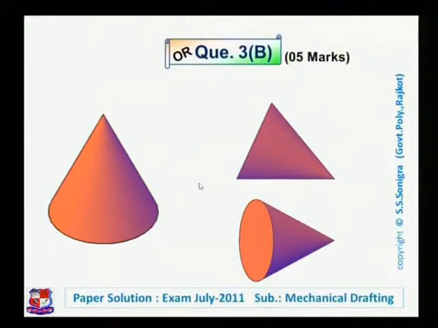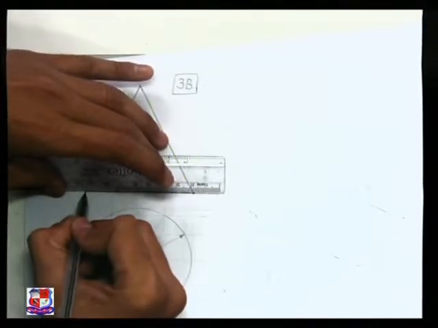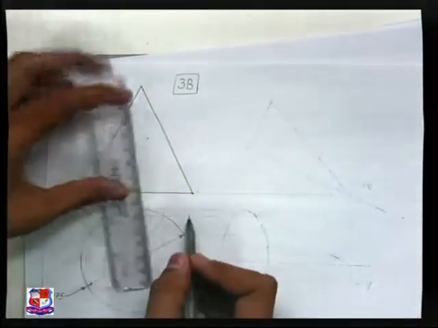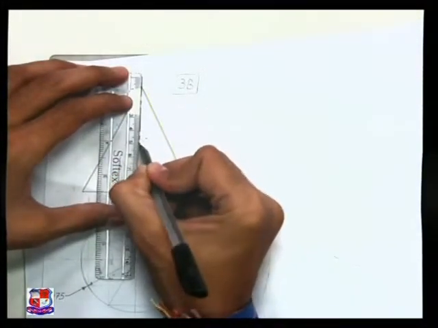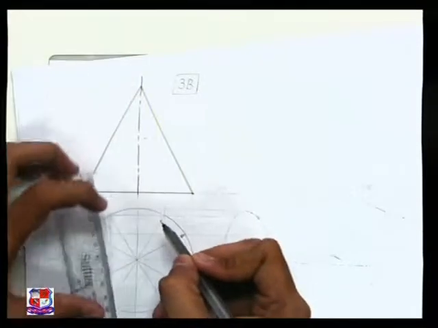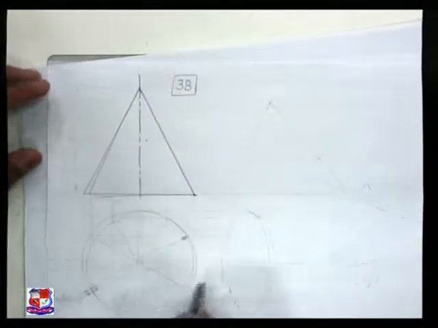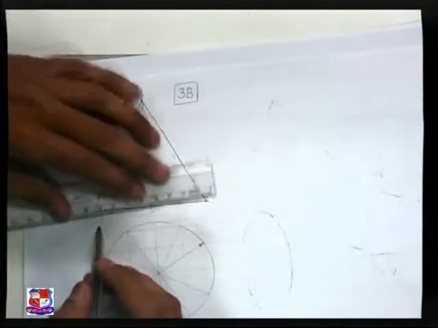So for that, first draw the top view of this cone which is given to us, having diameter 75 mm, a circle, and height which is given to us as 80 mm. So draw a triangle having height 80 mm and diameter 75 mm, and this is the axis of this cone drawn like this in this circle, and height is given to us, that is 80 millimeter.